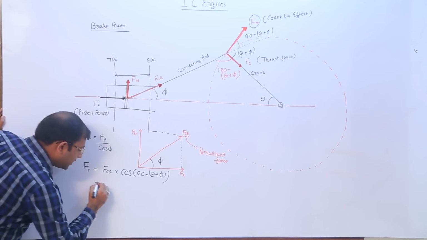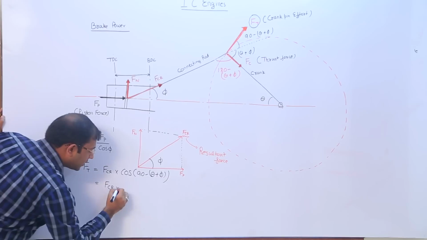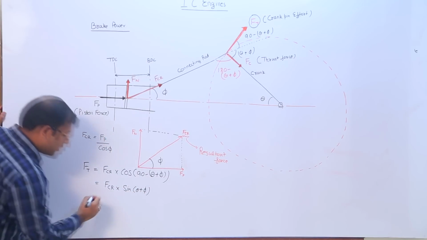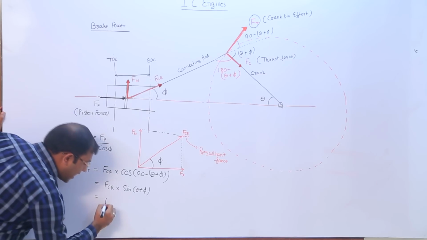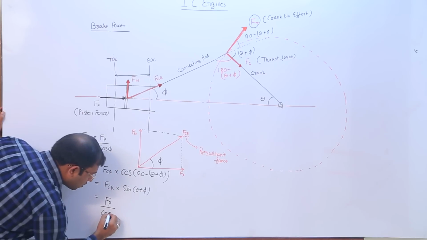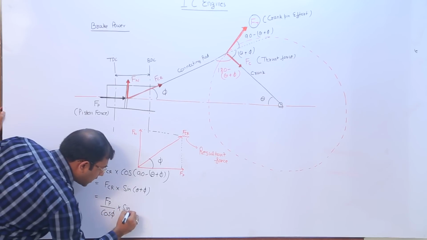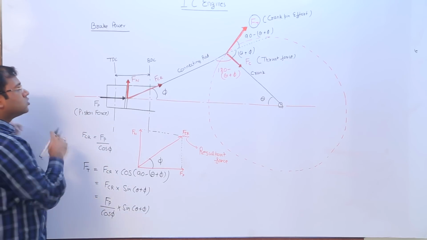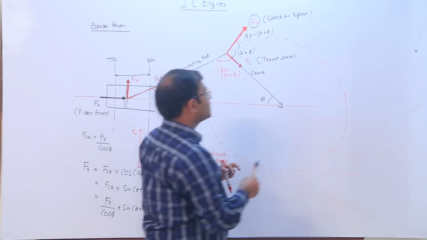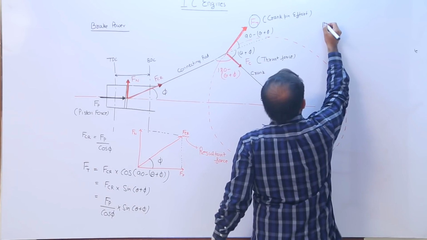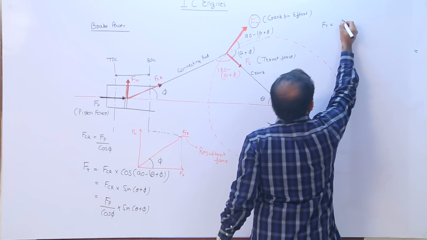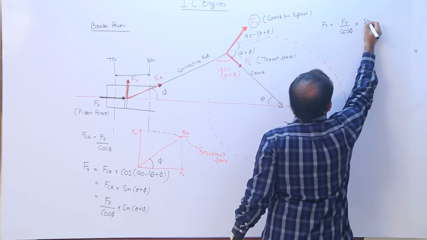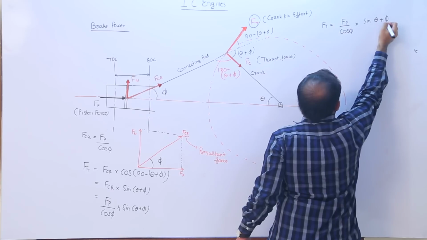So this can be simply written as FCR into sin of theta plus phi, or this can be written as Fp upon cos phi into sin of theta plus phi. Is it okay? So here we have developed an expression for Ft, that is Fp upon cos phi into sin of theta plus phi.